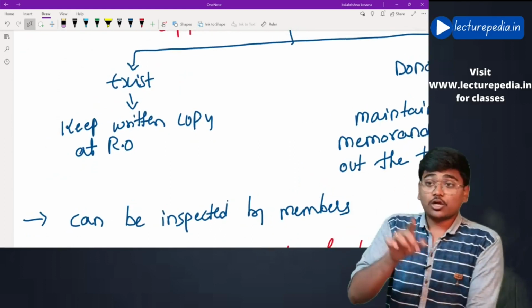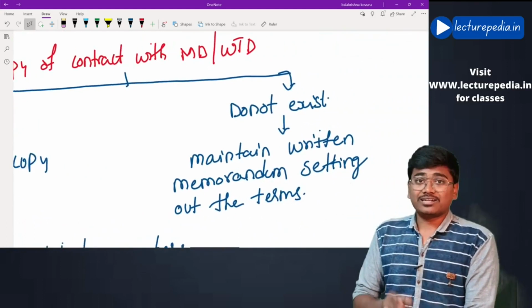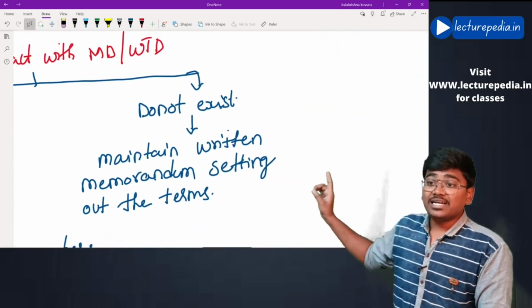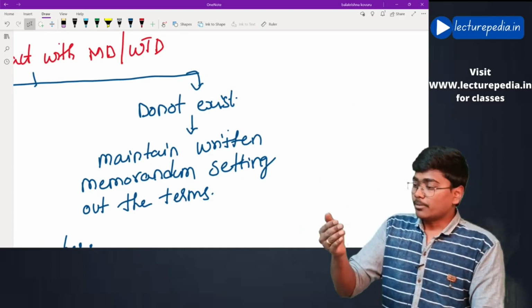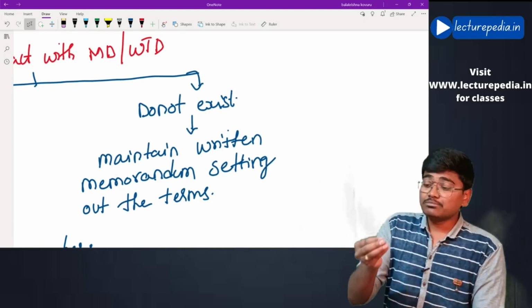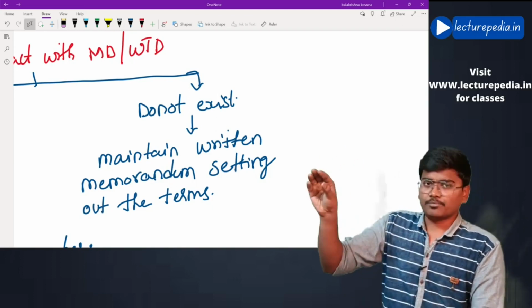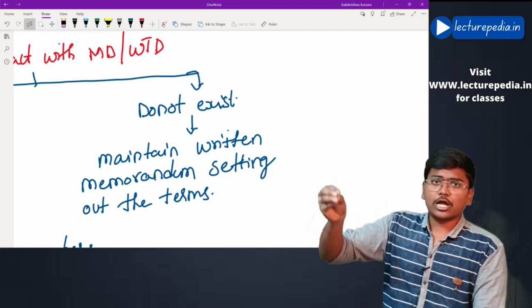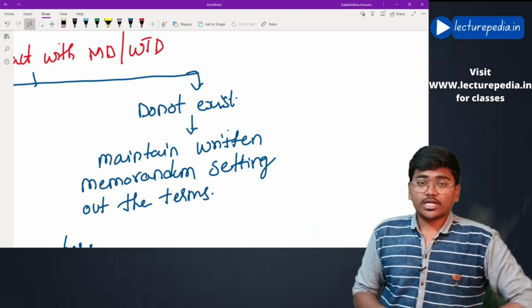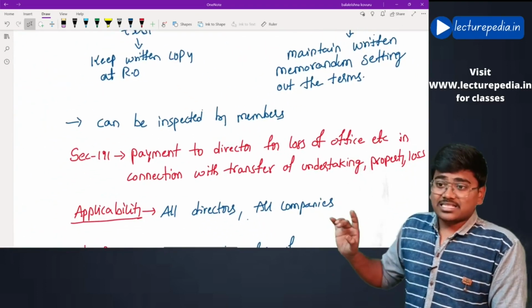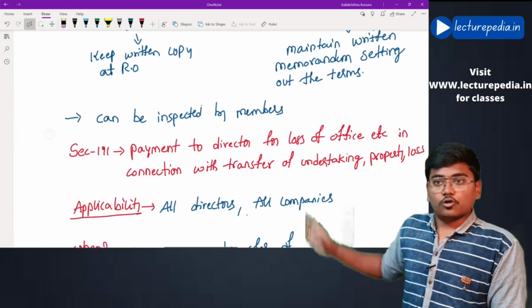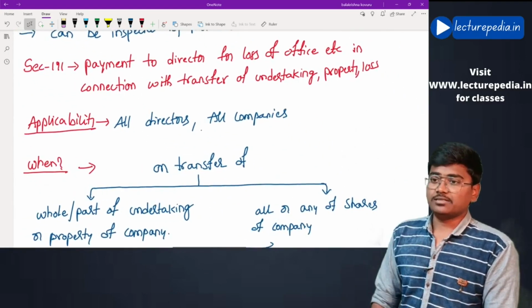If the copy of the contract does not exist, then maintain a written memorandum setting out the terms. You have to maintain a memorandum in which the terms and conditions on which the managing director or whole-time director have been appointed must be noted down and kept at the registered office. And these can be inspected by the members. Hope that is clear. That is section number 190.